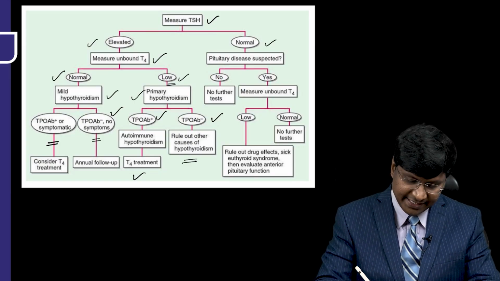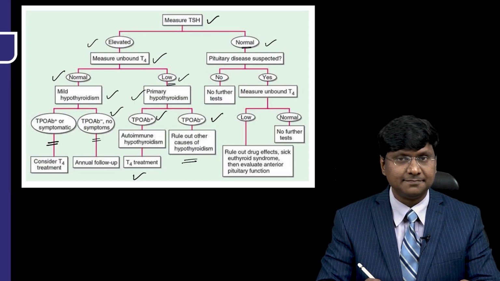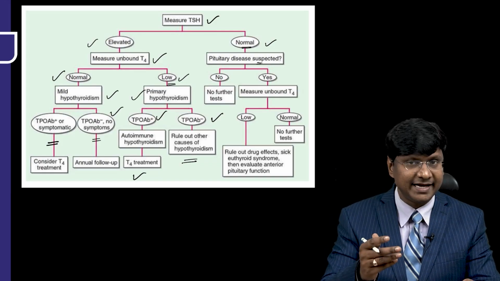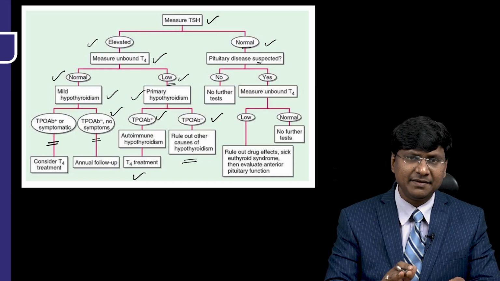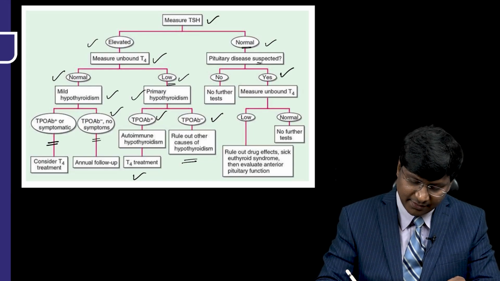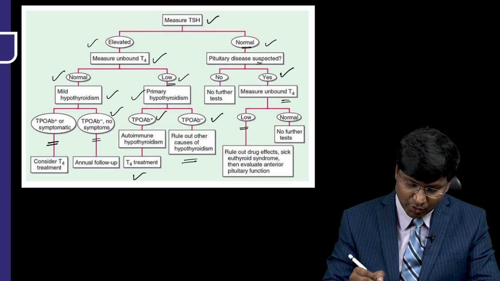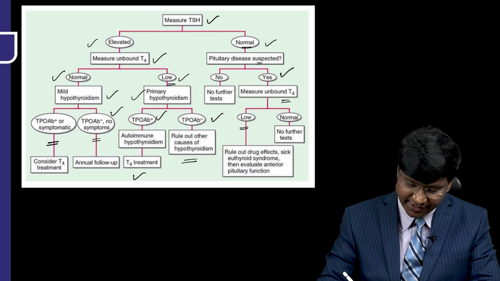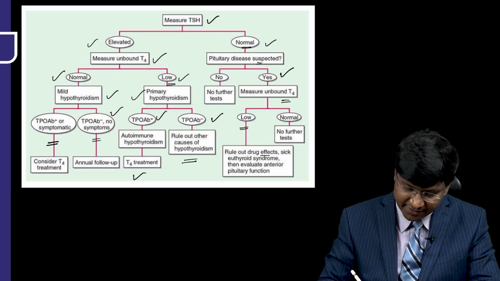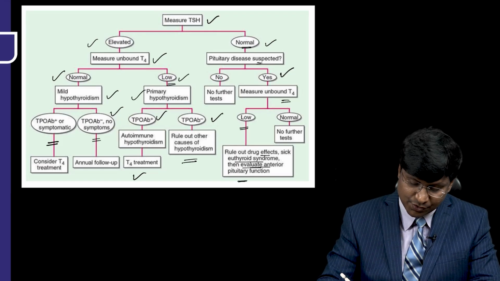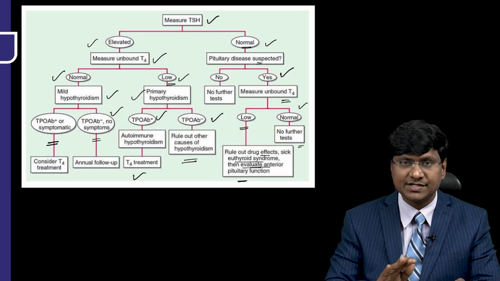If the TSH levels are normal, then you suspect either a pituitary or hypothalamic disorder. If you are suspecting pituitary disease, then you need to measure the free T4. If the free T4 levels are low, rule out drug effect and sick euthyroid syndrome, then evaluate the anterior pituitary function. If the free T4 levels are normal, further testing is not required.